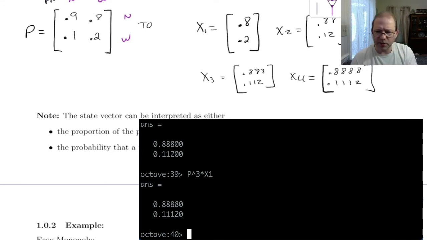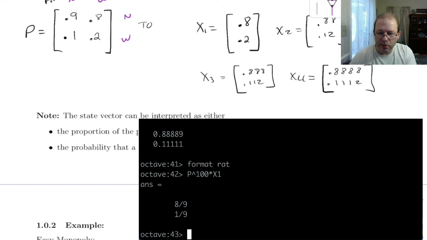Okay, let's do the steady state 2 different ways. First off, I'm just going to raise this to a huge power. And notice we get this. I'm going to change that to format rational. And so the steady state is 8/9, 1/9.